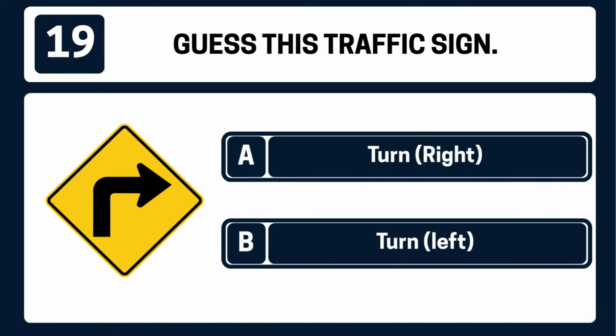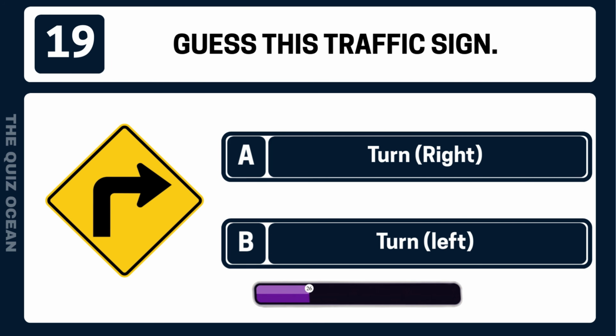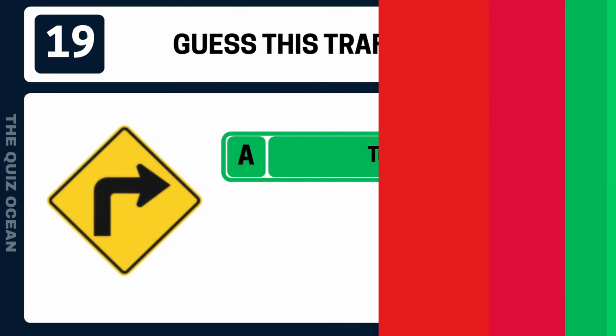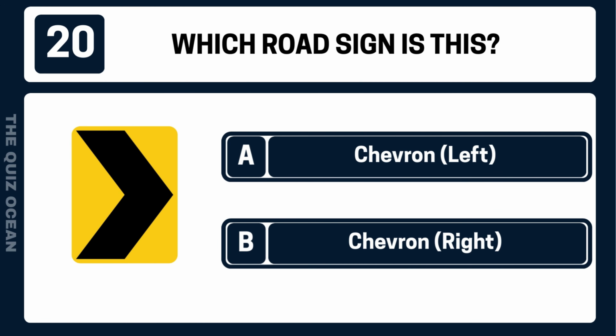Question 19. Guess this traffic sign. A. Turn right. B. Turn left. The answer is A. Turn right. Question 20. Which road sign is this? A. Chevron left. B. Chevron right.